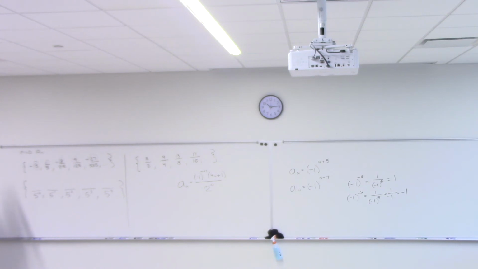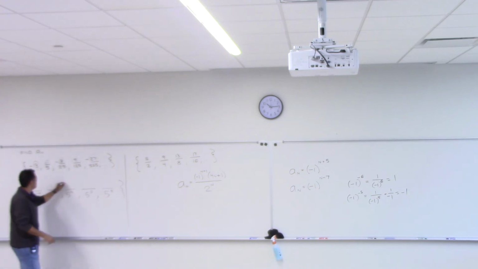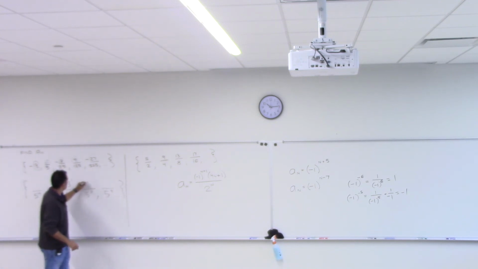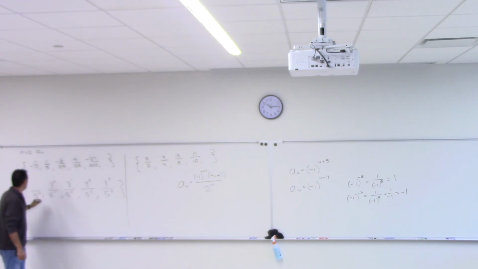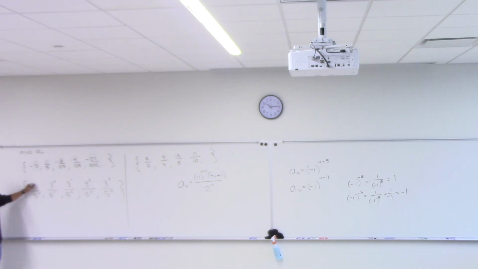Powers of 3. So this would be 3 to the first. I think I screwed this up. 3 squared, 3 cubed. This would be 3 to the 0. This one, if we follow the pattern, would have to be 3 to the -1, which means that this should be 1/3.